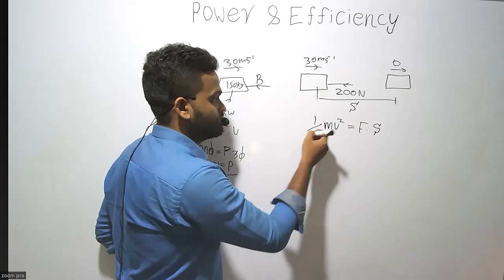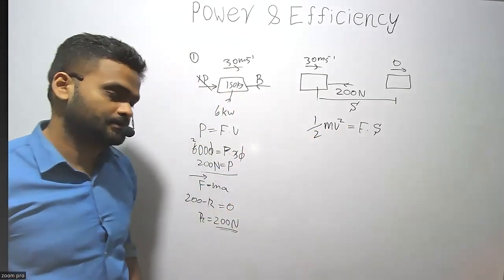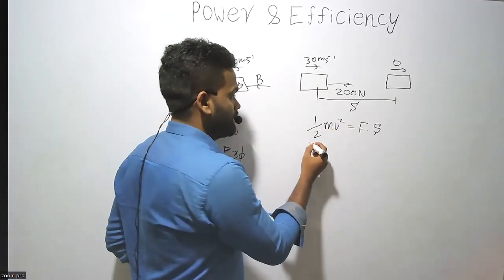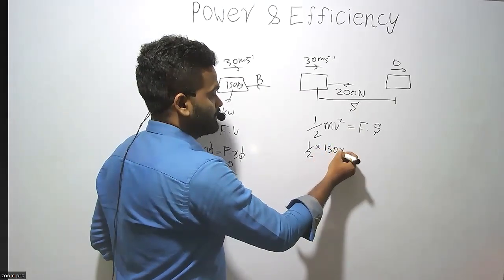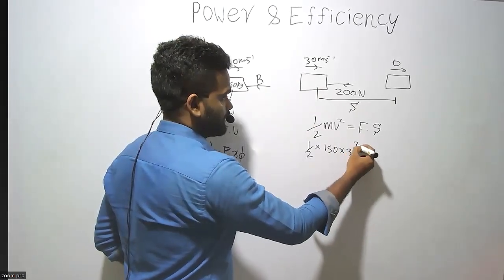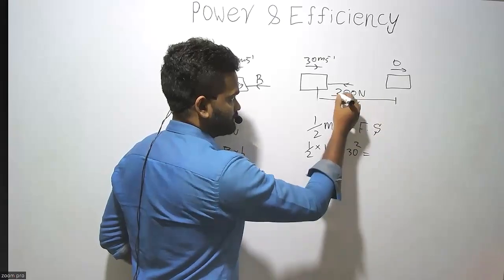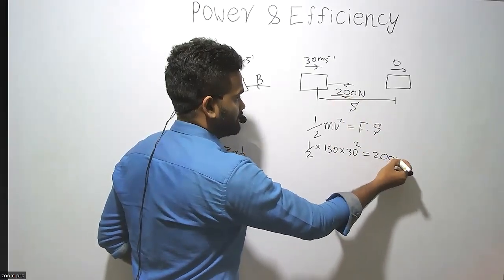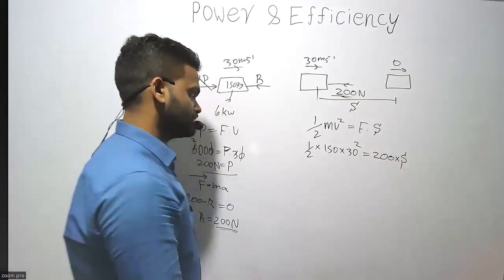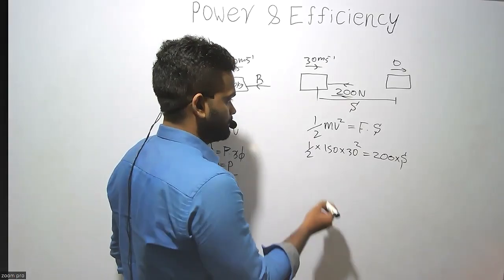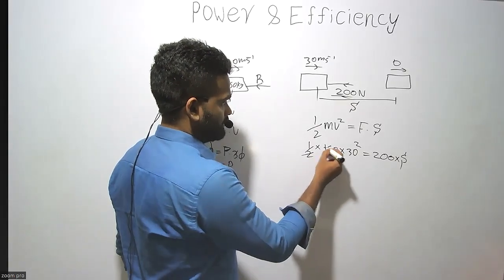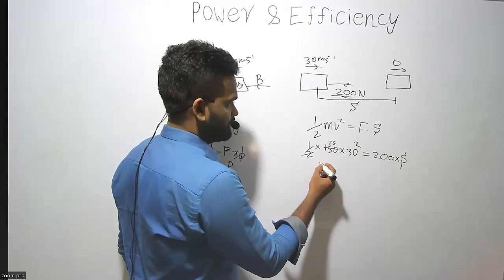Okay. We did similar questions at the last session. Right. Half, mass is 150, speed is 30 squared. Force is resistive force, actually 200, times distance. Then you just have to simplify this. Let's see. 75.